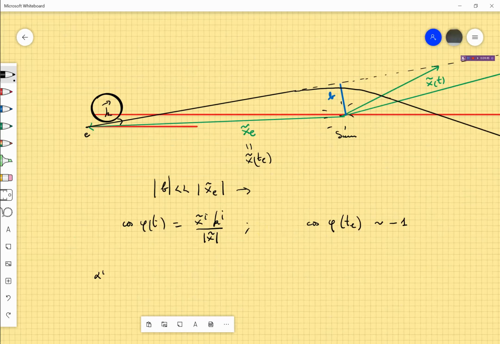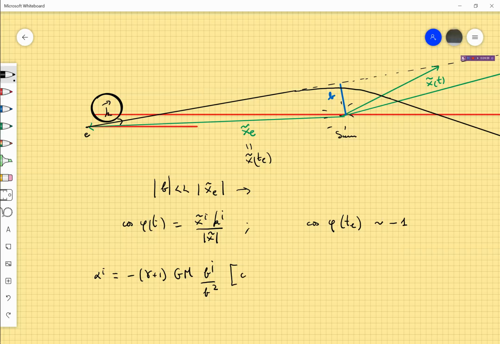So in this situation, alpha i is minus (gamma plus 1) G M pi divided by b squared, times cosine phi t minus cosine phi t e, but as we said, the latter is approximately minus 1, so I can replace this whole thing by 1 plus cosine phi.